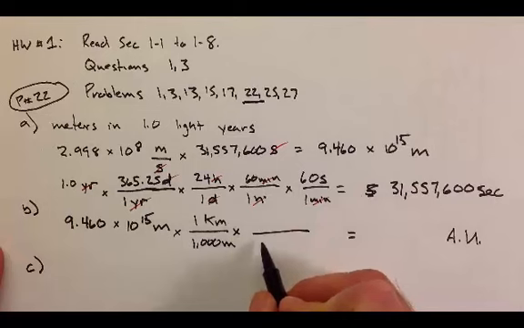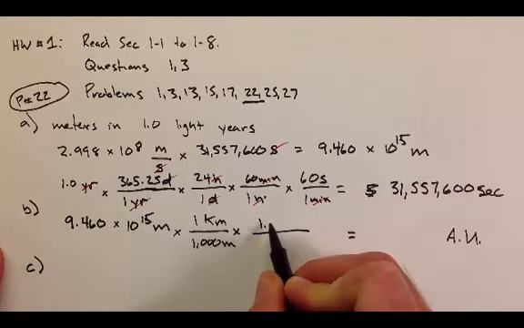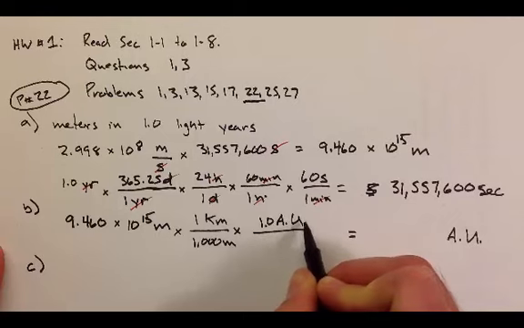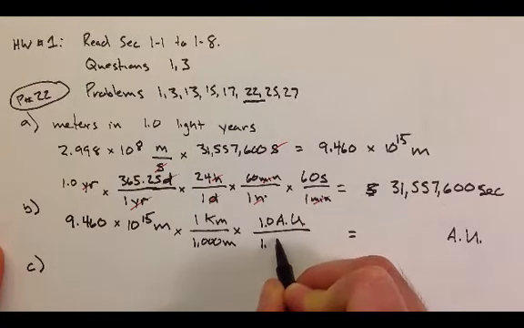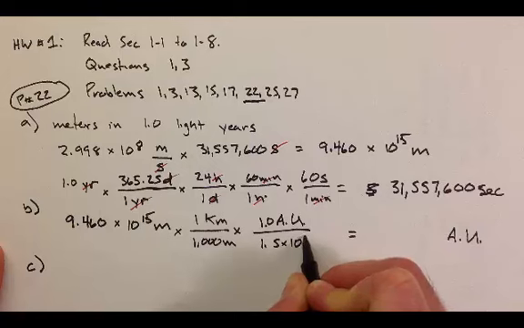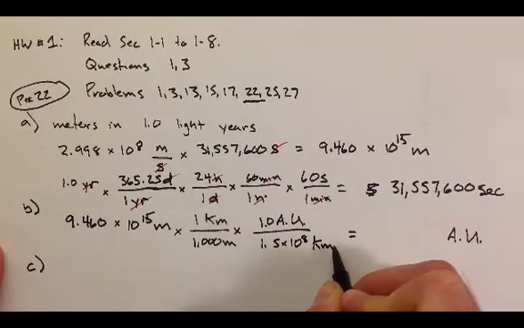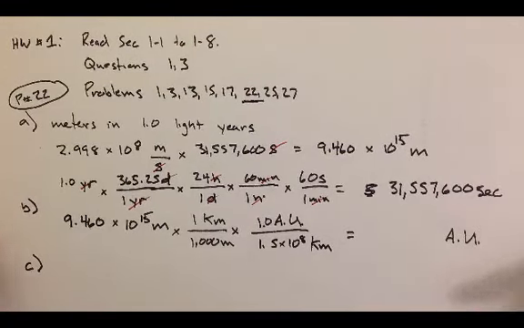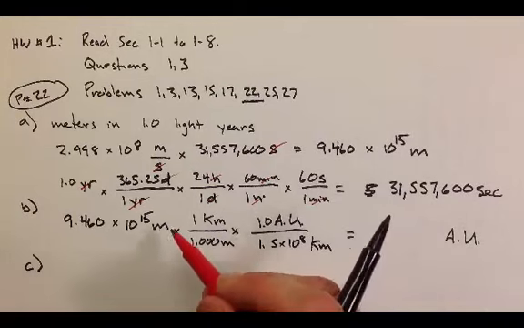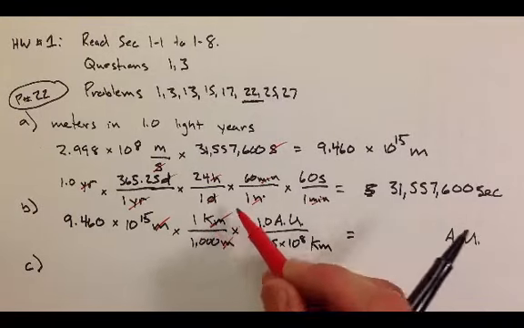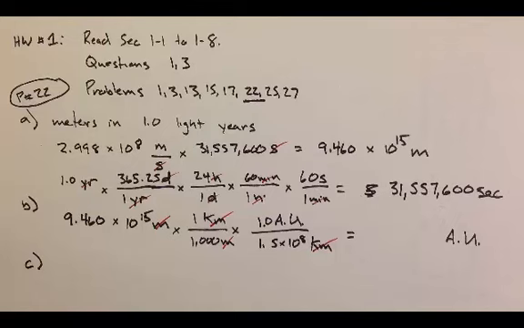And we're also told that 1.0 astronomical unit is equal to 1.5 times 10 to the 8th kilometers. And again, notice here that the units I don't want, like meters and kilometers, cancel out.